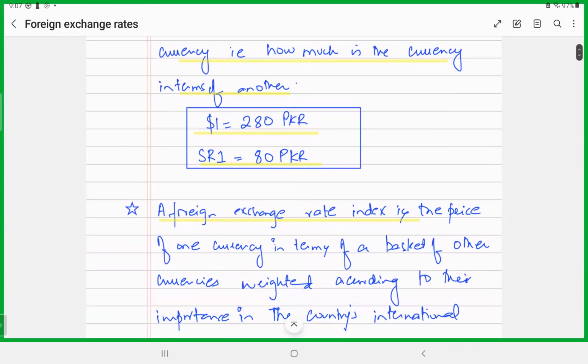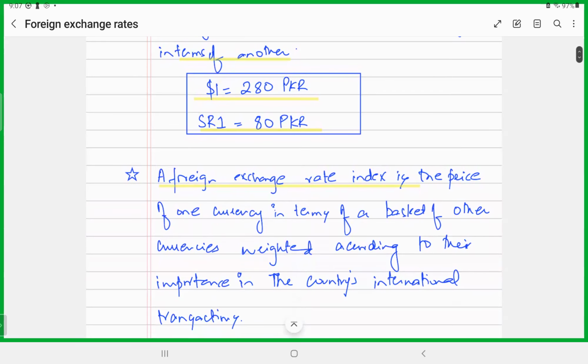So if they ask you for a precise definition, a foreign exchange rate index is the price of one currency in terms of a basket of other currencies weighted according to their importance in the country's international transactions. So you see, if we are talking about Pakistani rupee and the index is the Pakistani rupee index, so what are we talking about?